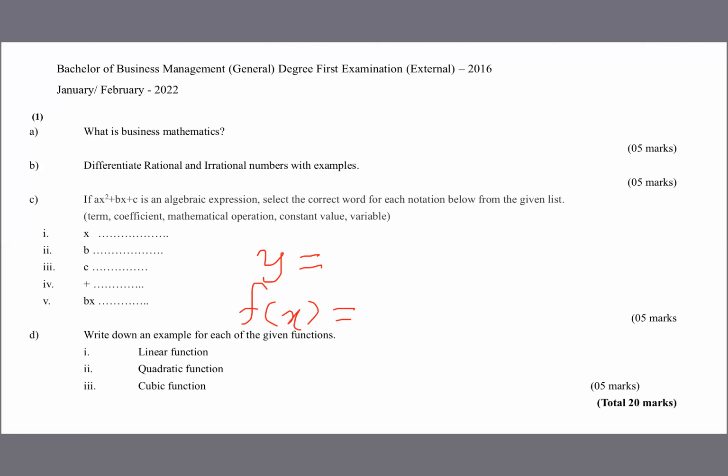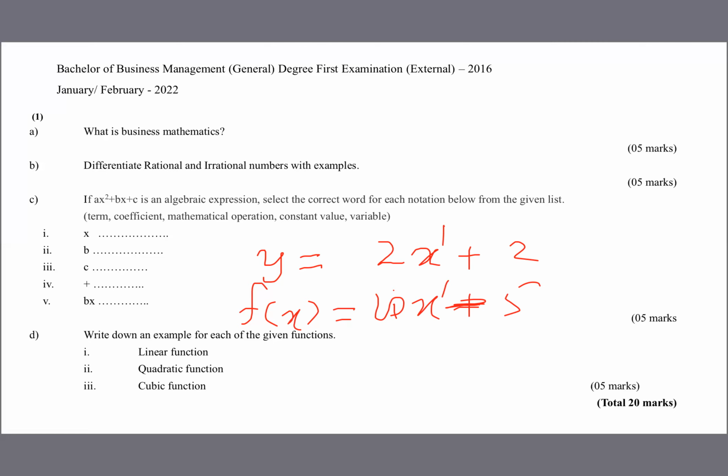As an example, you can write 2x plus 2, or 10x minus 5. Here you have to write the x term, the unknown variable's term, whose highest power should be 1. That's one example.